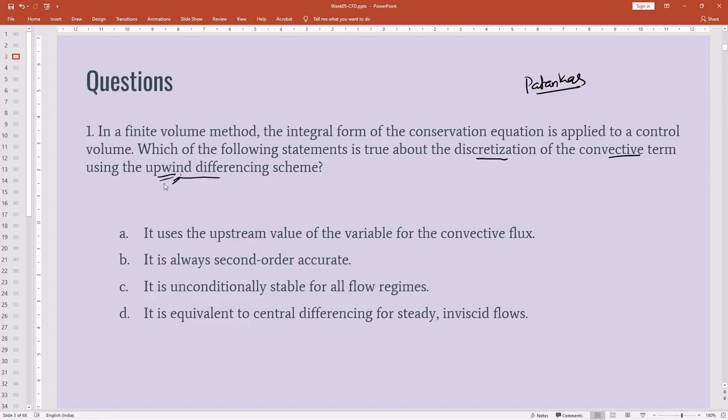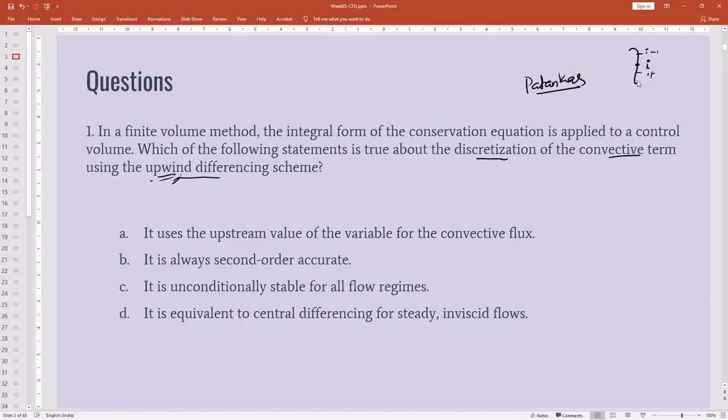Here, the upwind scheme is almost equivalent to the forward scheme. Suppose you can imagine it as a waterfall or something. Suppose this is our I point, this is I minus one, and this is I plus one.